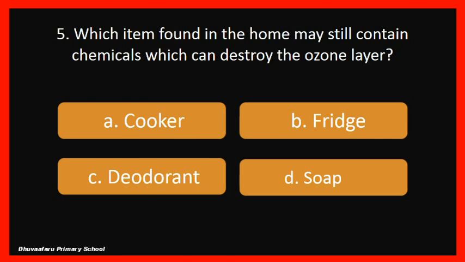Question number 5. Which item found in the home may still contain chemicals which can destroy the ozone layer? Option A, cooker, option B, fridge, C, deodorant, and D, soap.